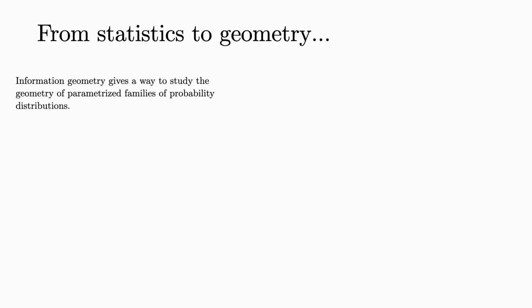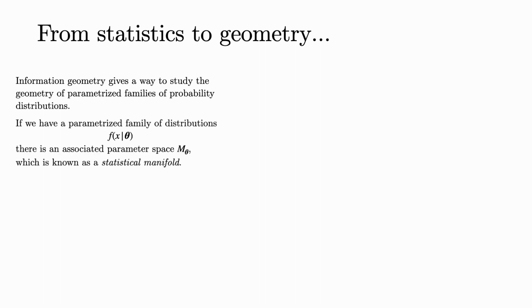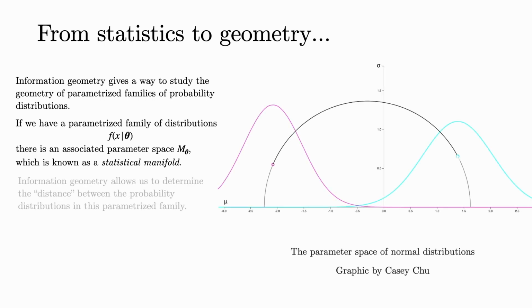As I mentioned in the introduction, information geometry gives a way to study the geometry of parametrized families of probability distributions. In other words, if we have a parametrized family, f of x given theta, where x is a point in the sample space and theta is our parameter, there is an associated parameter space M sub theta, which is known as the statistical manifold.